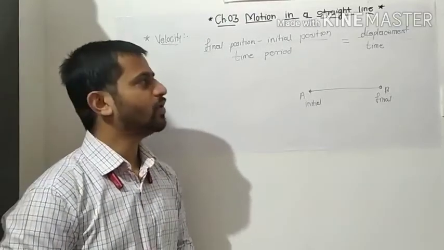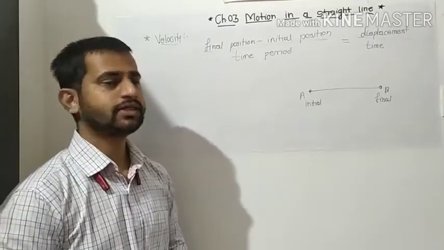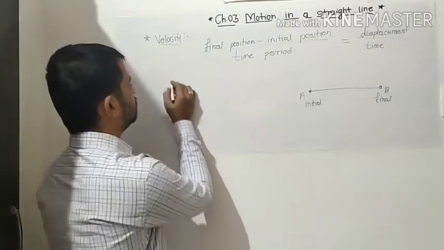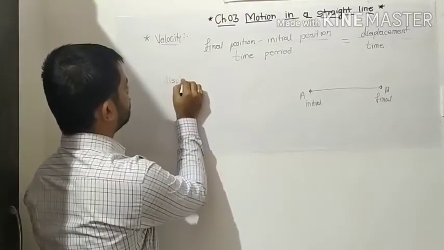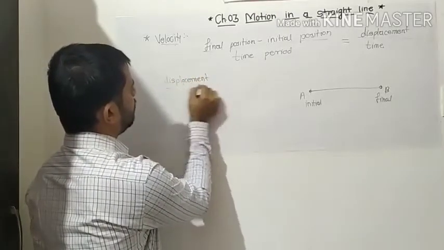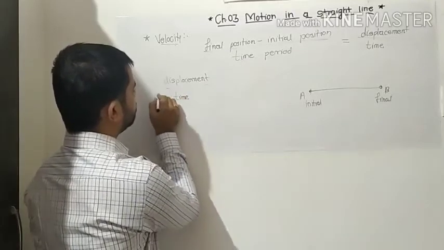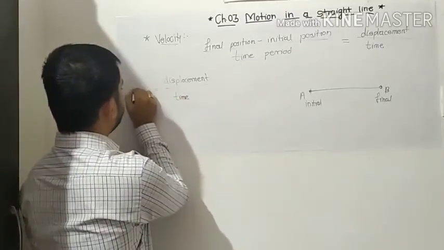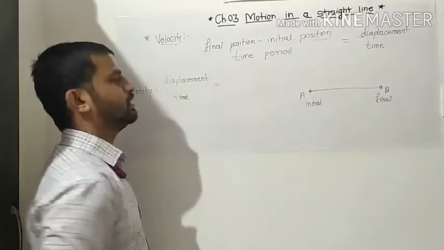Now if we think about the unit, velocity is equal to displacement upon time.